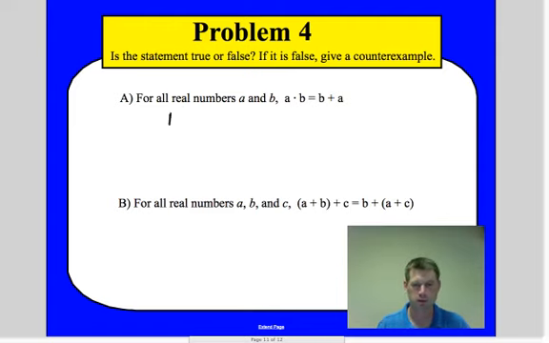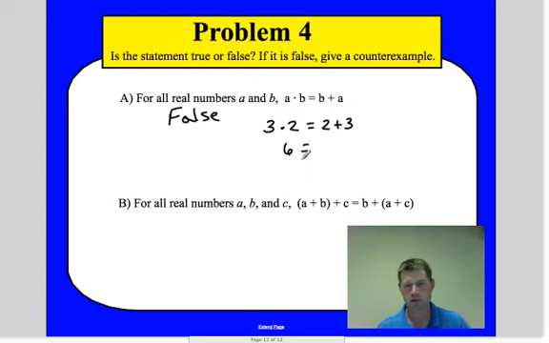No, so therefore this would be false. An example that I'm going to provide is 3 times 2 is equal to 2 plus 3. 3 times 2 is 6. 2 plus 3 is 5. One example makes it false. It doesn't matter, you can find 20 other ones that work. One proves it to be false.